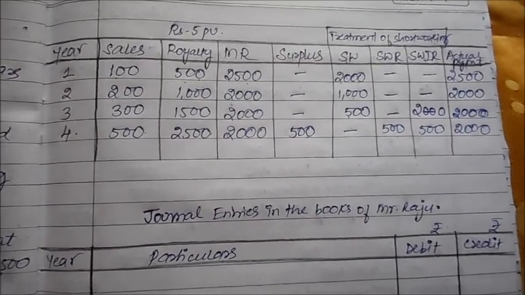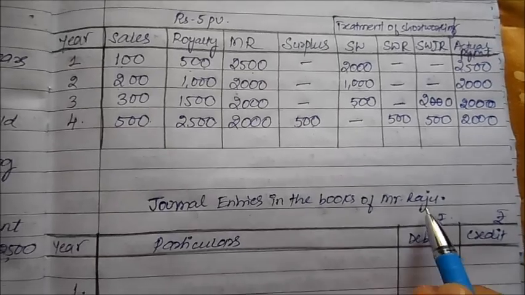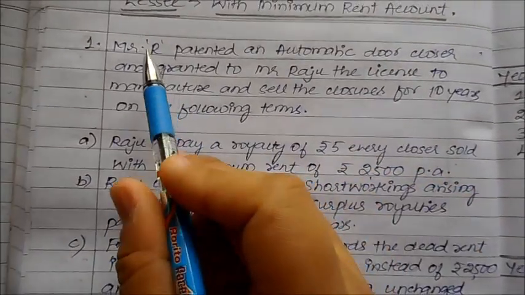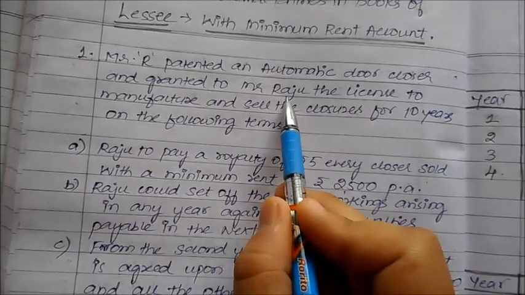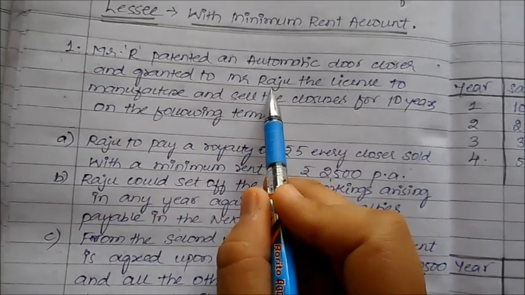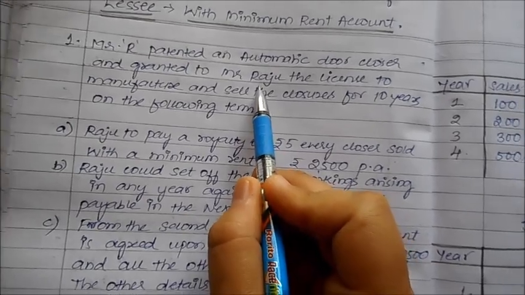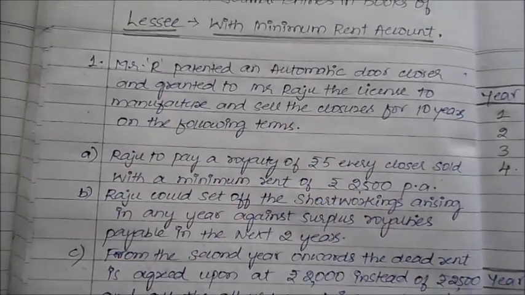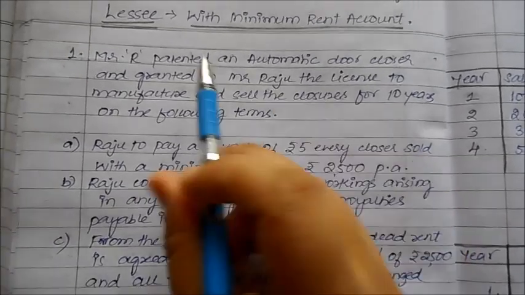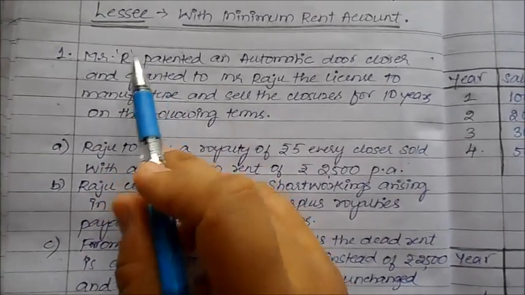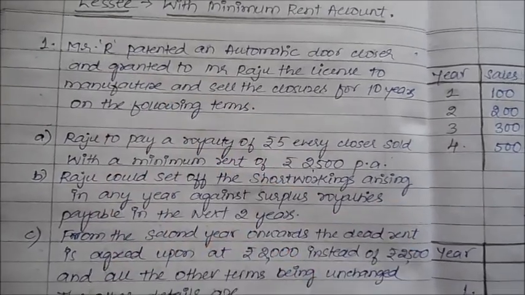Easily to understand what exactly we are going to do, why we are recording in the books of Mr. Raju is, R is the owner of the asset, Raju is the user of the asset. User of the asset is recording, who is the lessee in the royalty terms. Mr. Raju is the user of the asset, the lessee. R is the lessor, the owner of the asset. Okay, so this is why we are doing.